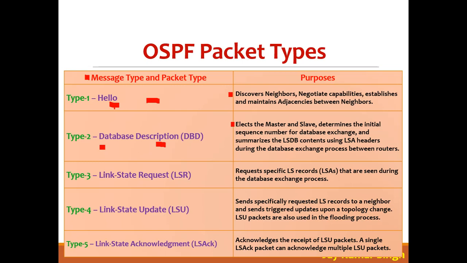After that, once the master and slave are done, they exchange the update. The fourth one is, but this is not a sequence, you don't say that this is a sequence, I'm just writing here.